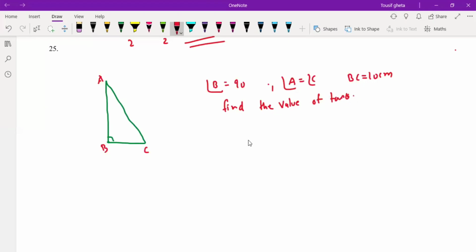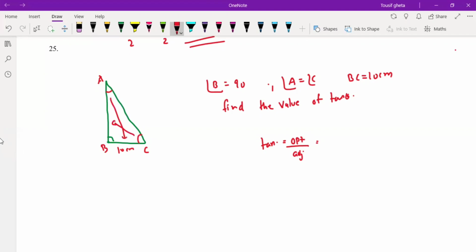Okay. So we know tan theta value is opposite by adjacent. First of all, let us represent our BC. They gave it as 10 centimeter. Angle A and angle C are equal. We know one property of a triangle: the sides opposite to equal angles are equal. Angle C's opposite side is AB and angle A's opposite side is BC.